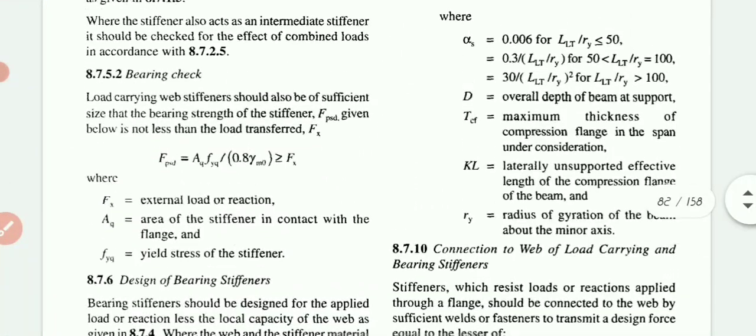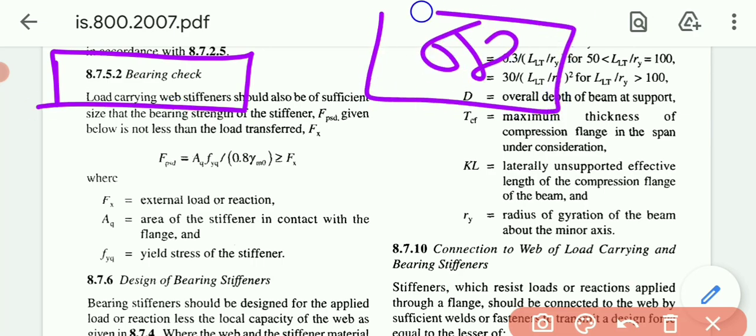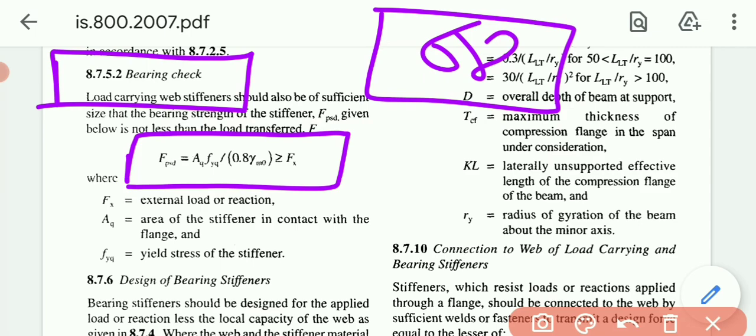Page number 68, just a minute. Now here the formula is 8.7.5.2 bearing check. We are on page number 68. The formula is FPSD equals EQ FIQ divided by 0.8 gamma m0, and it should be greater than Fx. Fx is nothing but the external load or reaction, that is Vz.